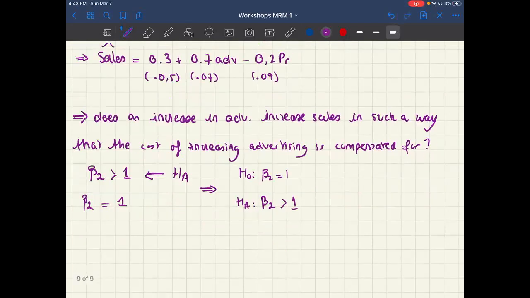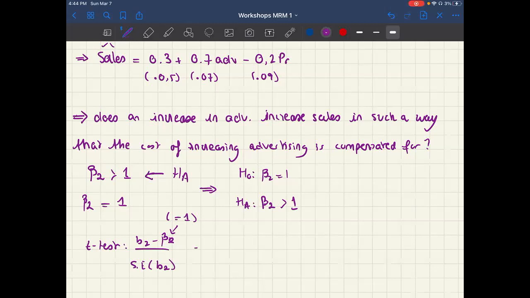And the way you do this is, we would construct our t-test, which is equal to b2 minus beta 2, under the assumption that the null hypothesis is actually true. So if the null hypothesis is true, then this is equal to 1, divided by the standard error of b2.